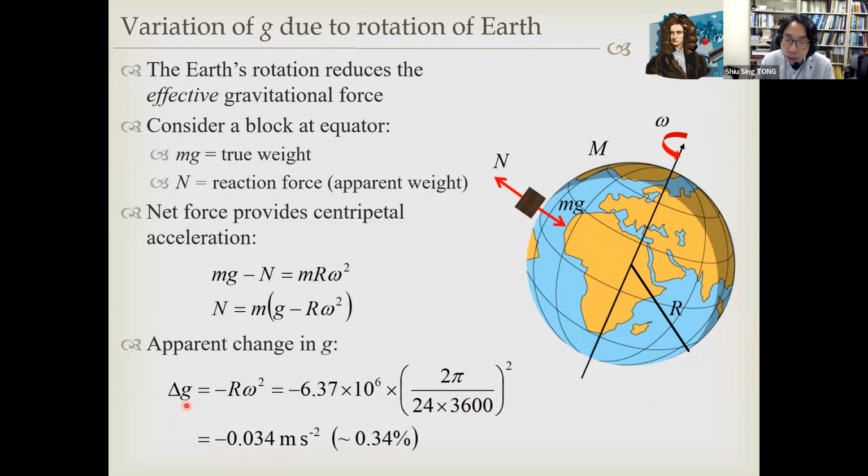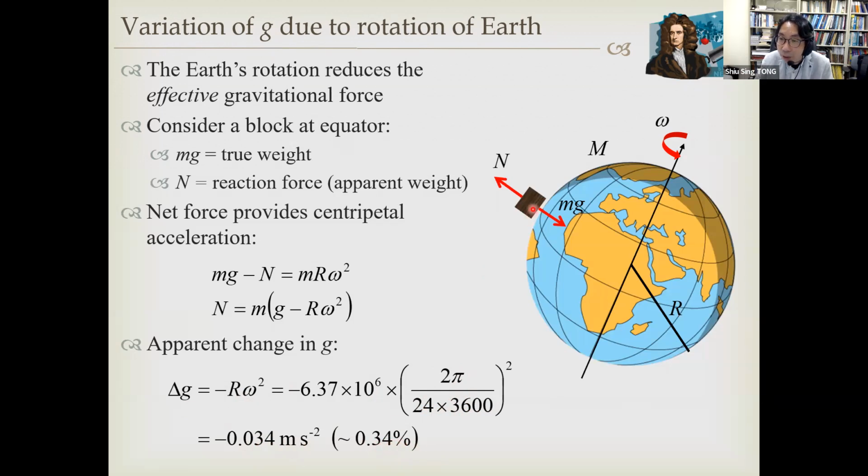And what I find is delta g is equal to 0.034 meters per second squared. When I compare this value with the gravitational acceleration 9.81, I find that this is only 0.34%. So this is a very small effect, but it's there.